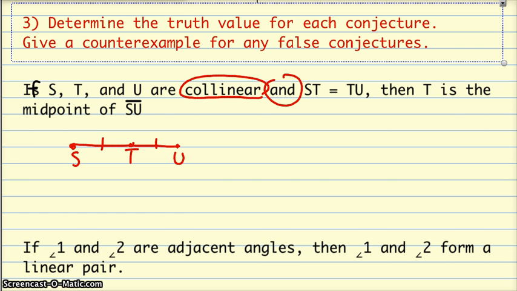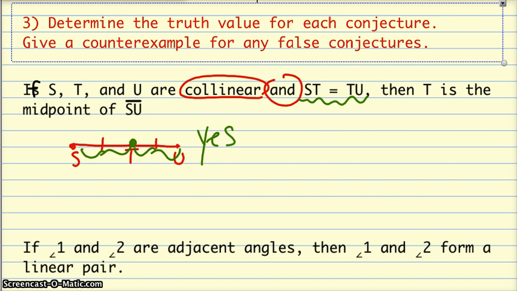Yes, if these two segments are of equal length, as said by this statement, and they all lie on the same line, then yes, T would be the midpoint. It would have to lie exactly in the middle in order for that line segment to equal that line segment.